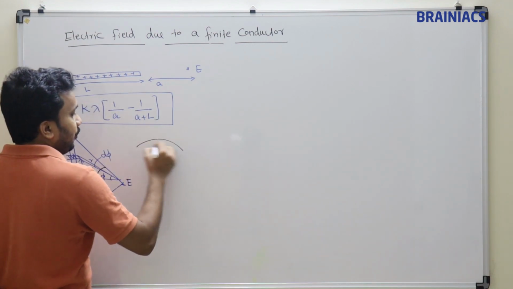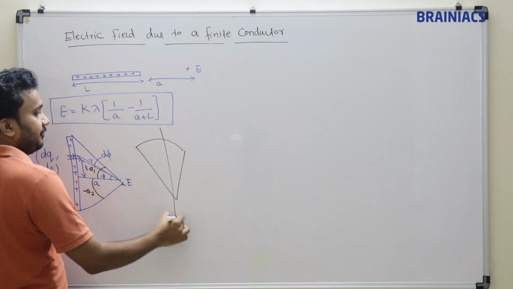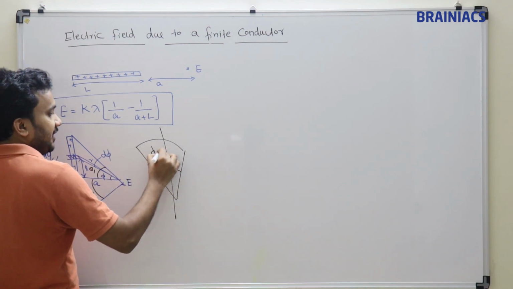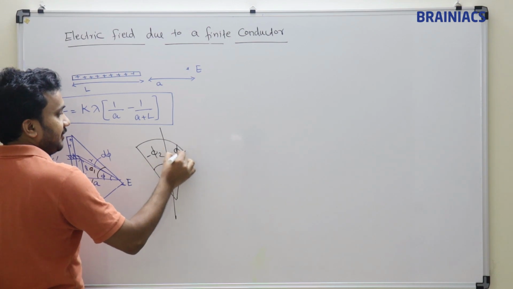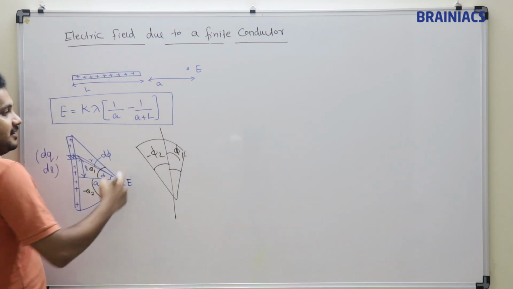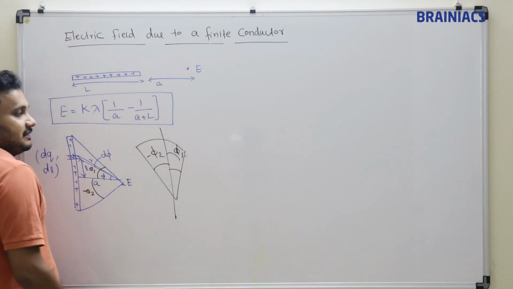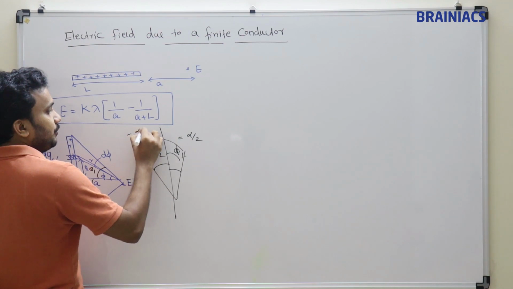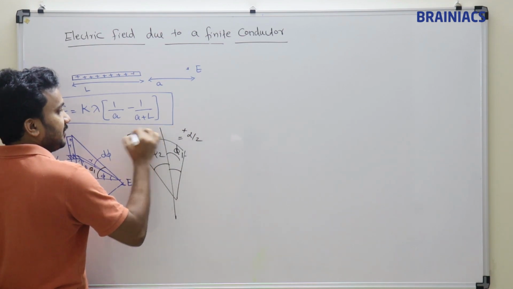While we were talking about an arc also, hope you remember towards right and towards left. Left we took minus phi 2, right we took phi 1. In those cases it was a symmetrical structure, so phi 1 equals alpha by 2 and phi 2 equals minus alpha by 2.